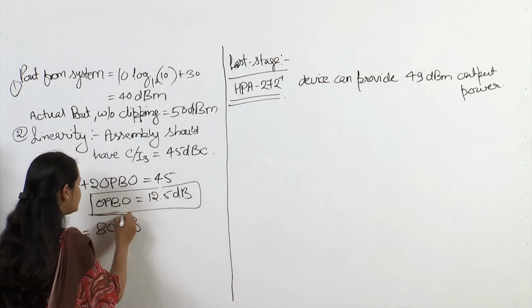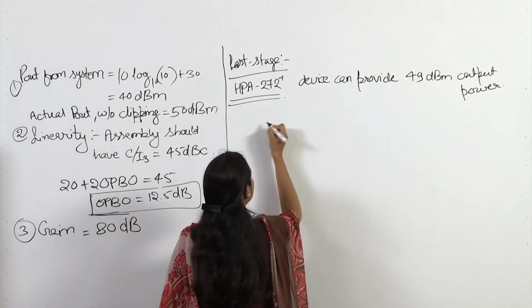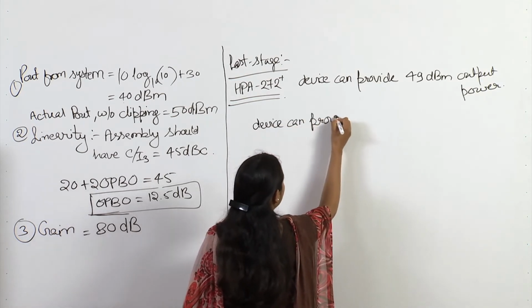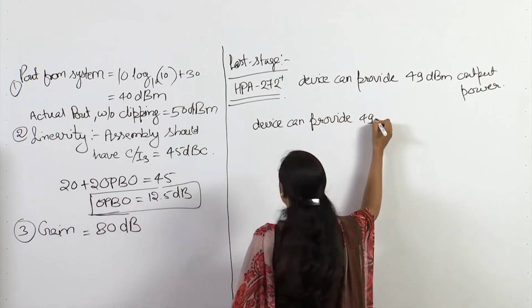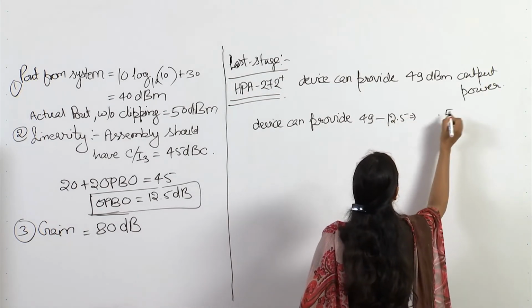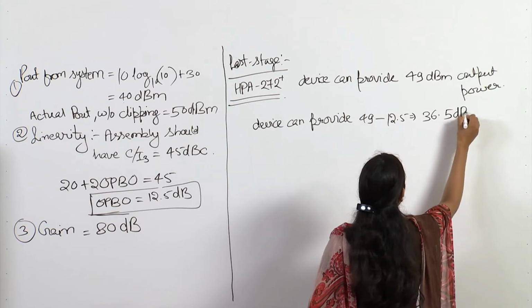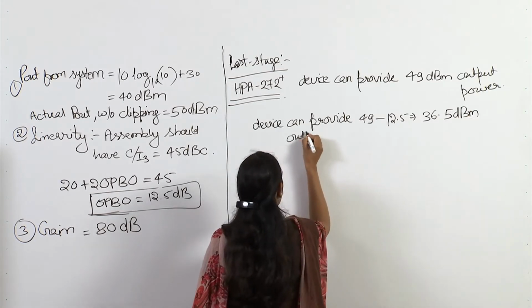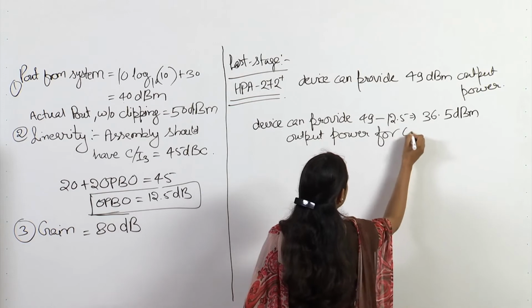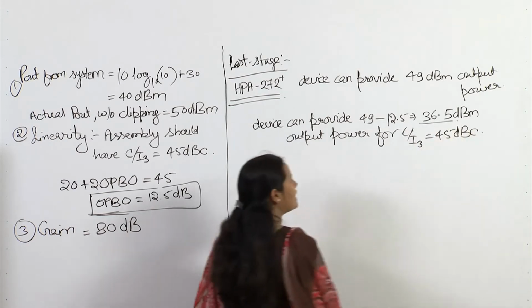But because we have to drive our signal at 12.5 dB back off, so that we can avoid the clipping, the device can provide 49 minus 12.5, which is 36.5 dBm output power for a C by I3 ratio of 45 dBc, which is required. So, this is the power we can get from one device.